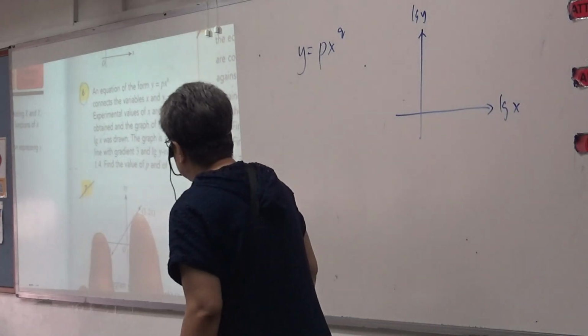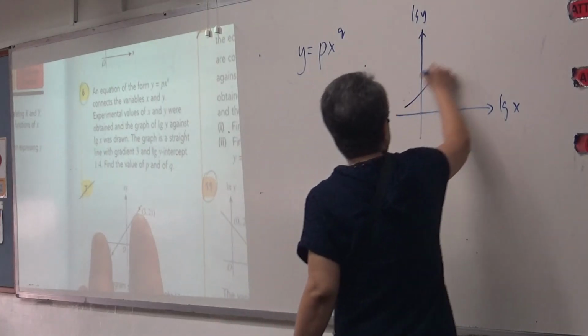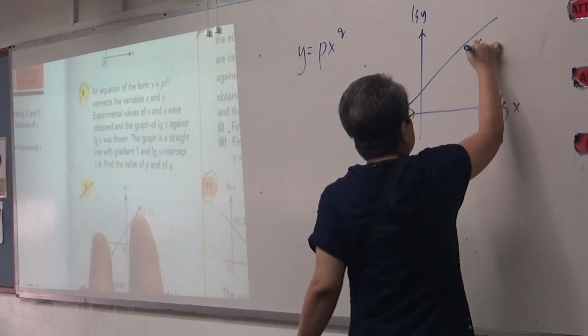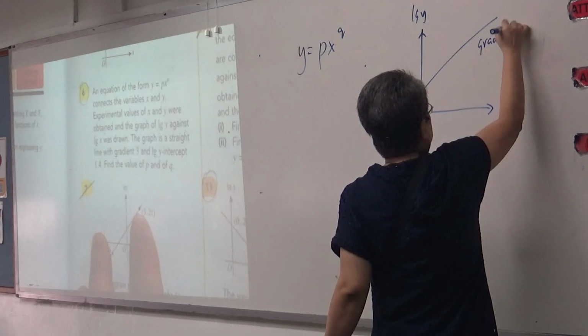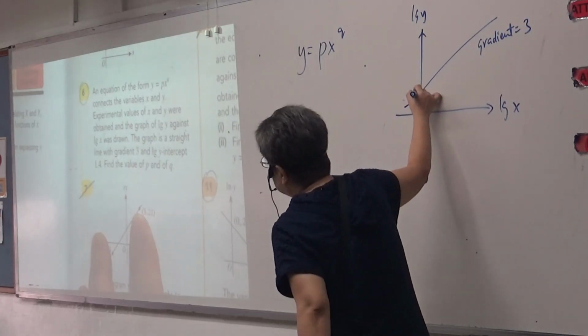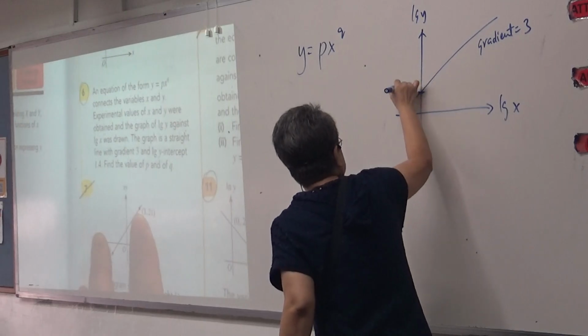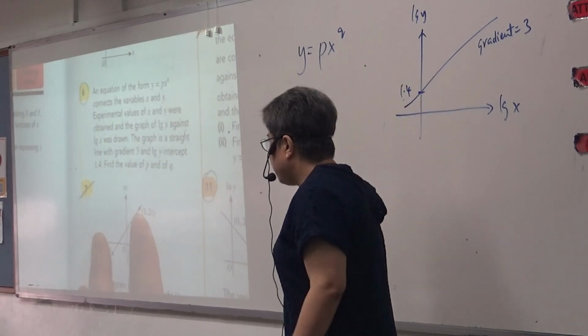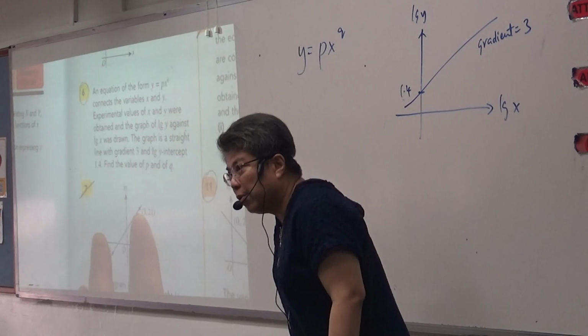Then the graph is a straight line. That means it's a straight line like that, with gradient 3 and the log y intercept is 1 over 4. Are we clear? Are we clear?